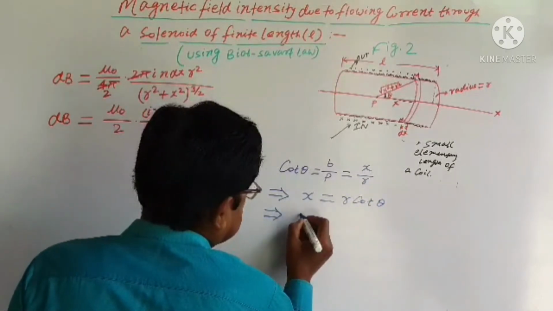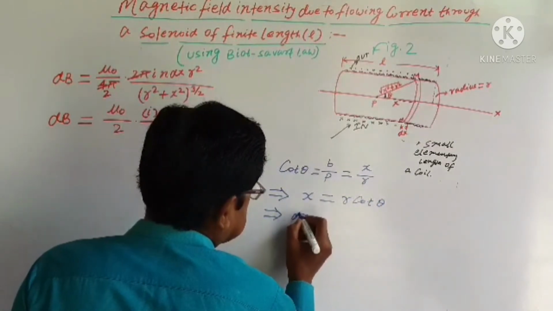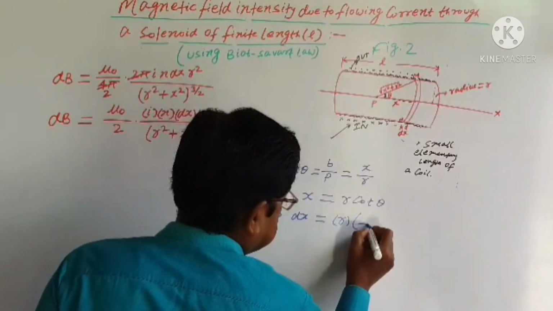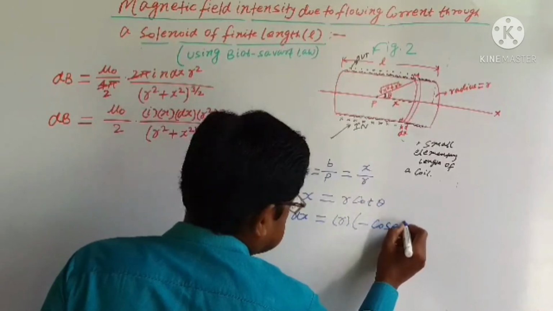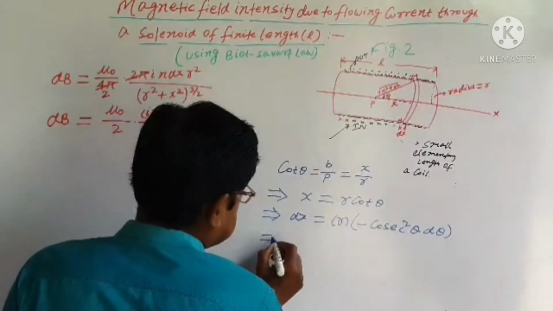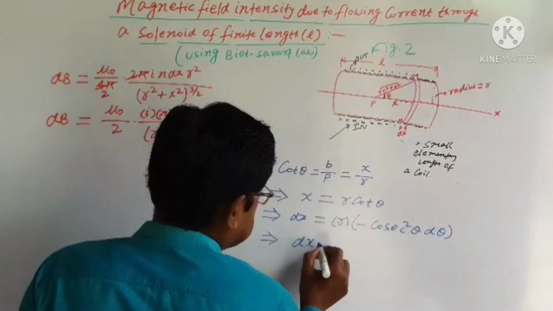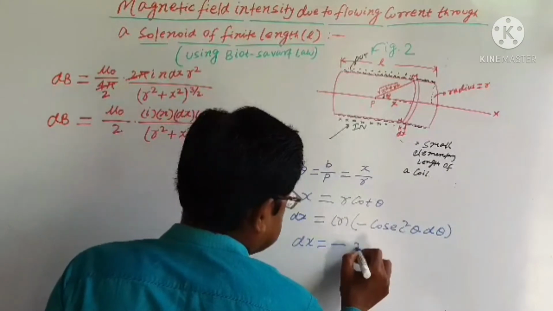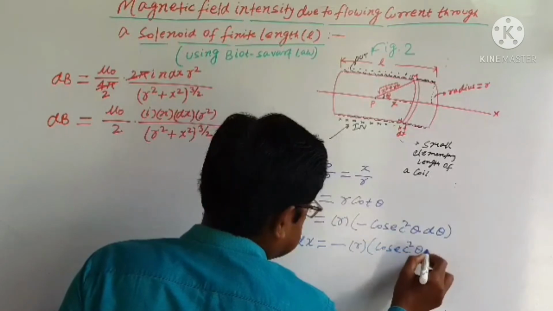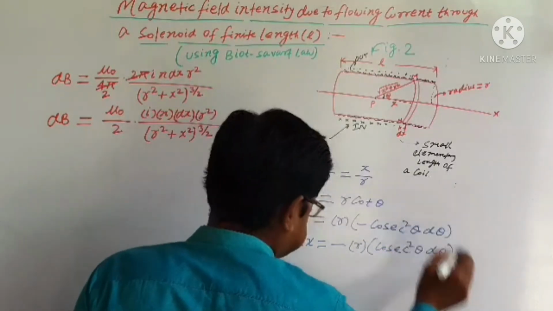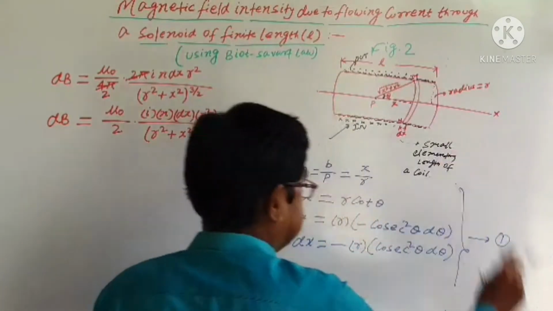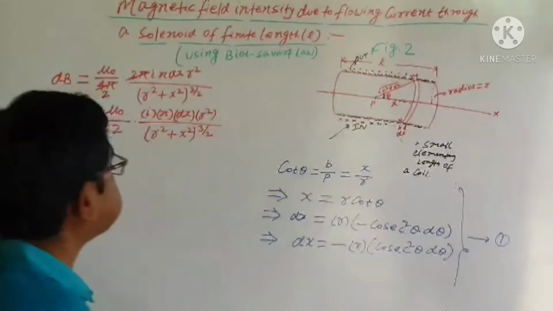So, dx is equal to r times minus cosec square theta d theta. This is dx is equal to minus r cosec square theta d theta. Okay. This is taken as first.